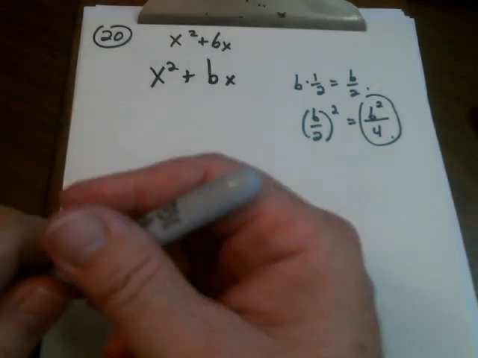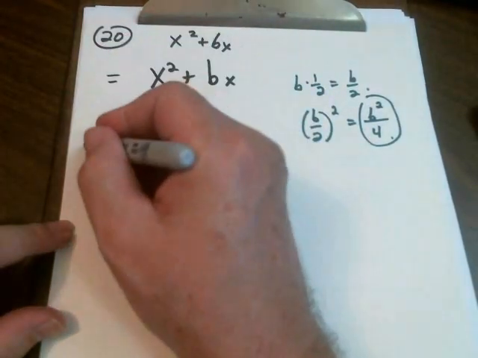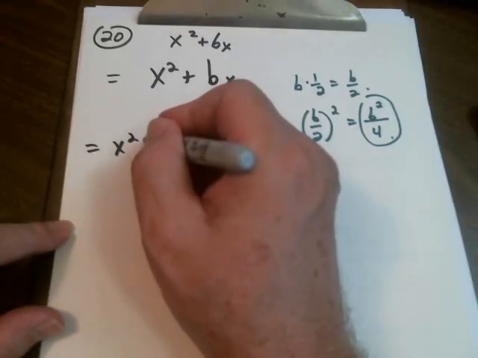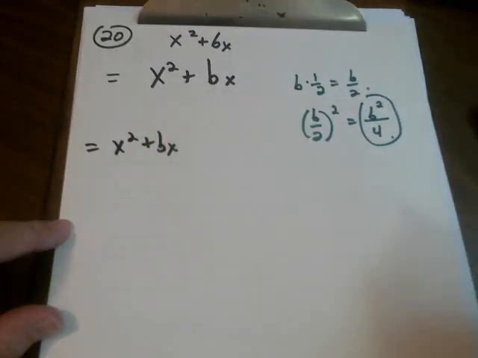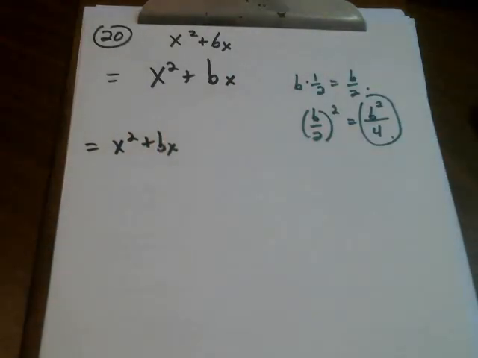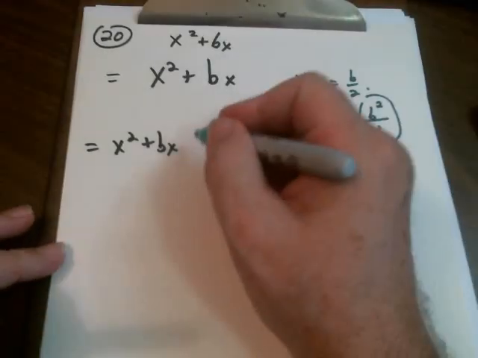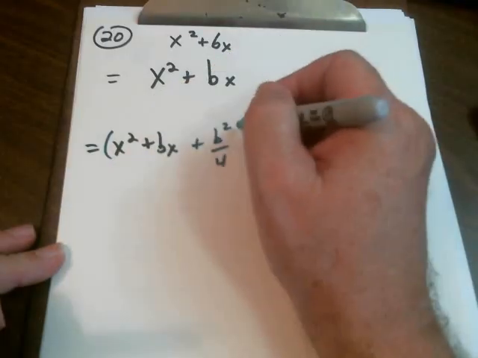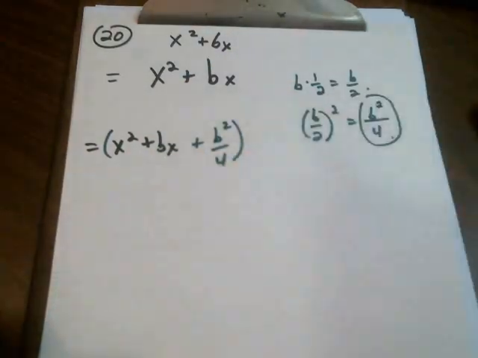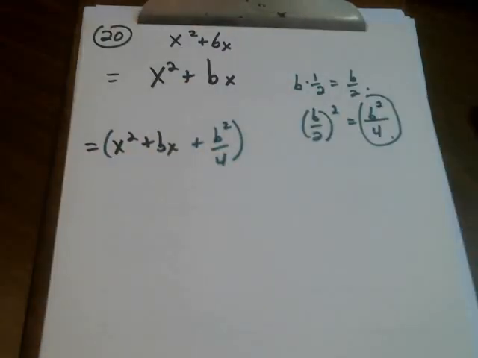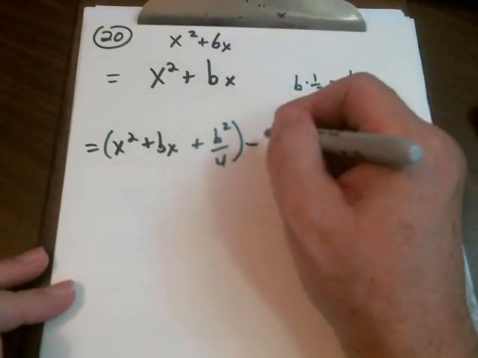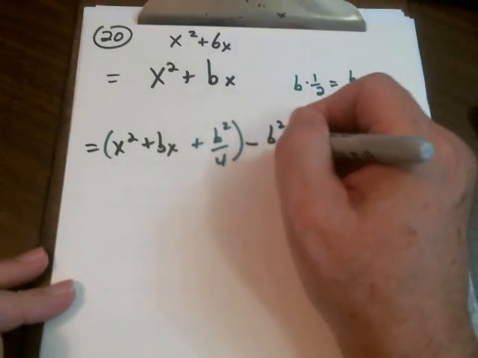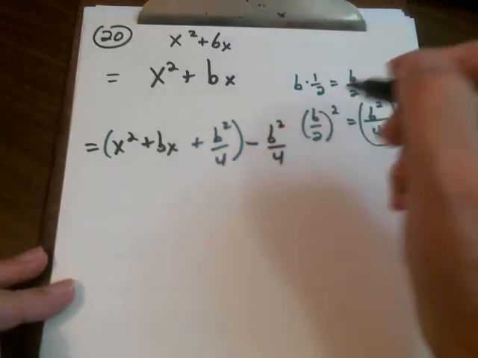So just proceed just like we have. We have x squared plus bx, and then plus the magic number, which is b squared over 4. Put some parentheses around it, and then remember to subtract back out the magic number to keep the balance right: minus b squared over 4.